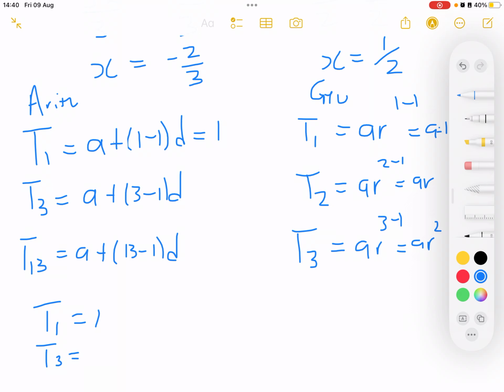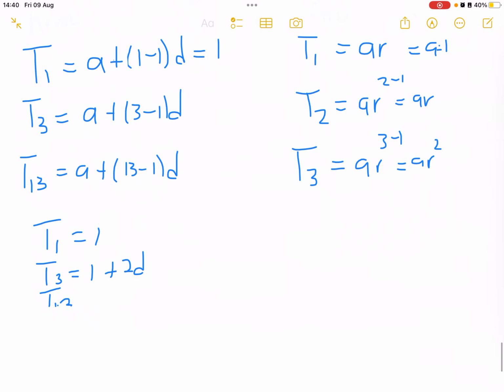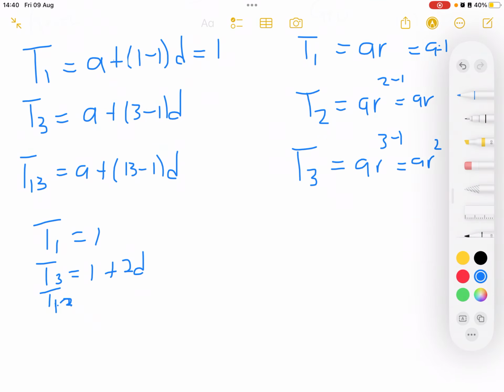Now, if we simplify the arithmetic part, term 1 is 1, and now that we know that a is 1, term 3 is just 1 plus 2d, and then term 13 will be equal to 1 plus 12d. We check the geometric: T1 is 1, T2, whereby a is 1, is no longer ar, it's just going to be r, and then T3 is going to be r squared.